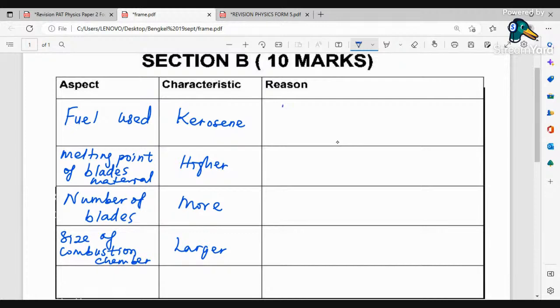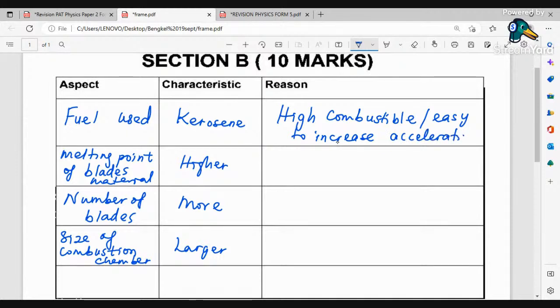Kerosene is a highly combustible fuel compared to petrol and diesel, and easy to increase acceleration. Melting point higher means it does not melt easily.